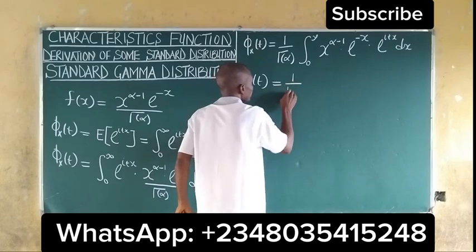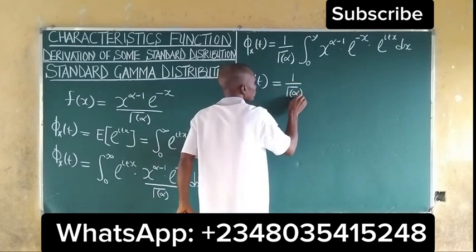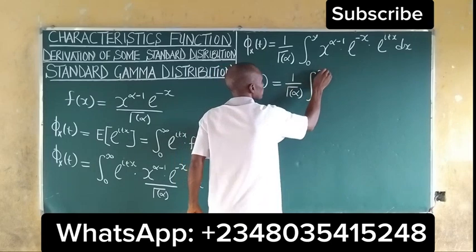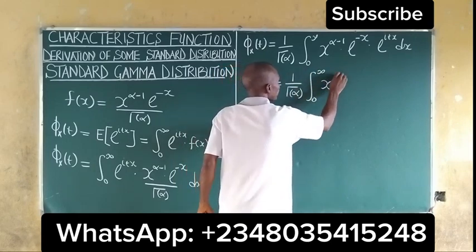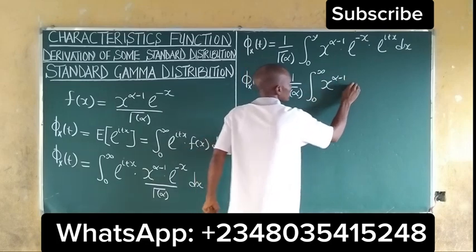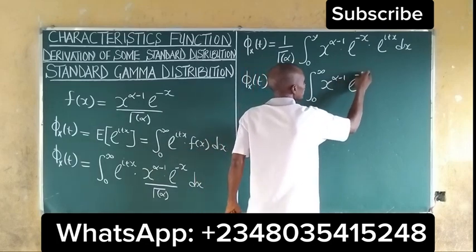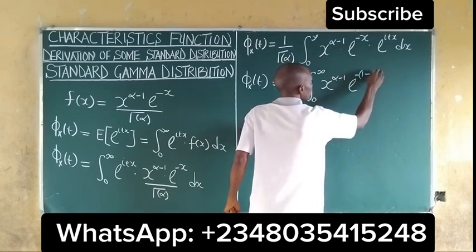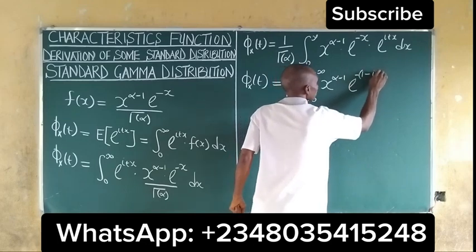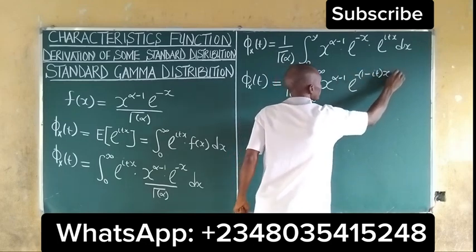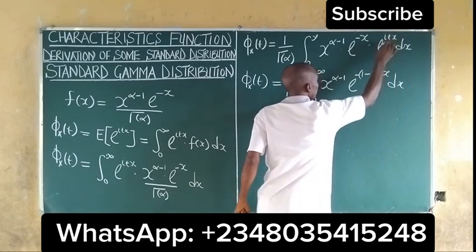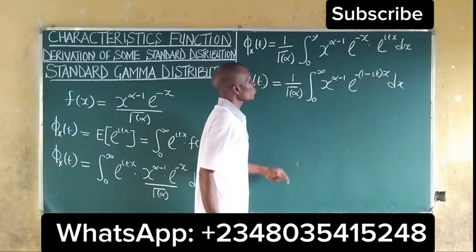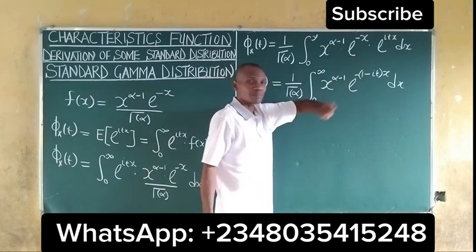We can write it as the integral of x to the alpha minus 1 times exponential negative, say, 1 minus it, times x, dx. So we have succeeded in writing this out properly.